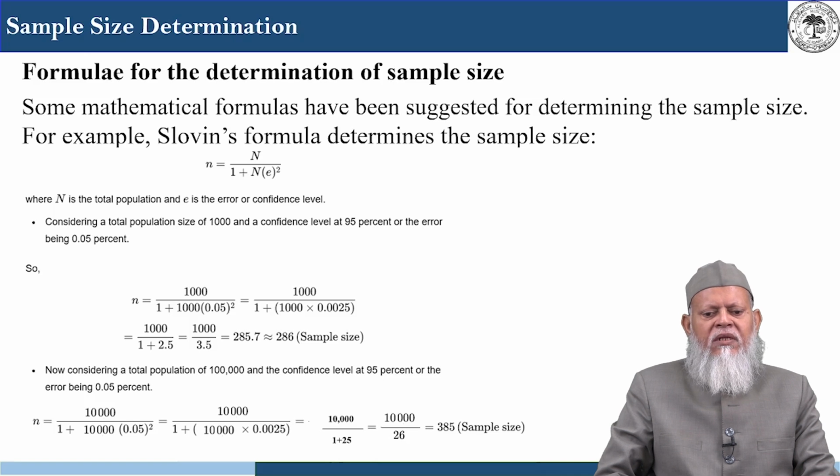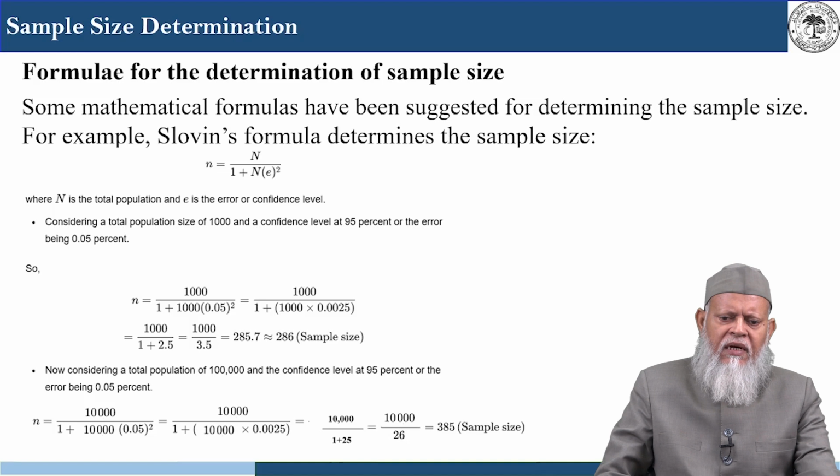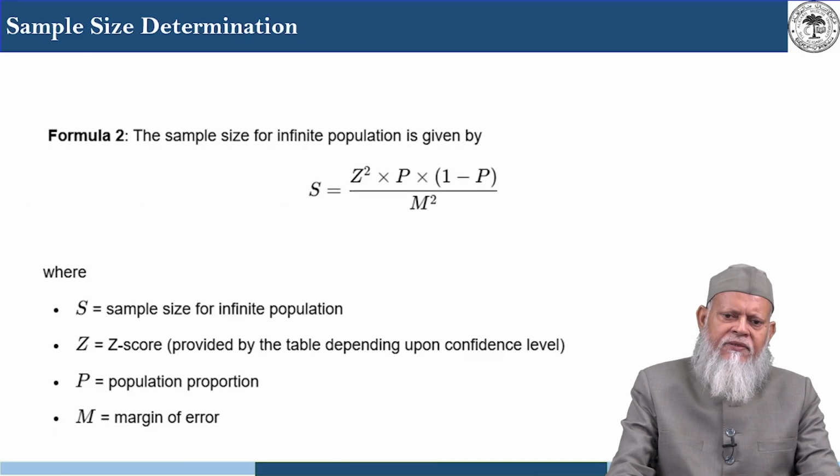We put the required numbers in the formula and, by solving it, we find that the sample size should be 385. These are very simple arithmetic deductions and there is no problem in calculating with these formulas.